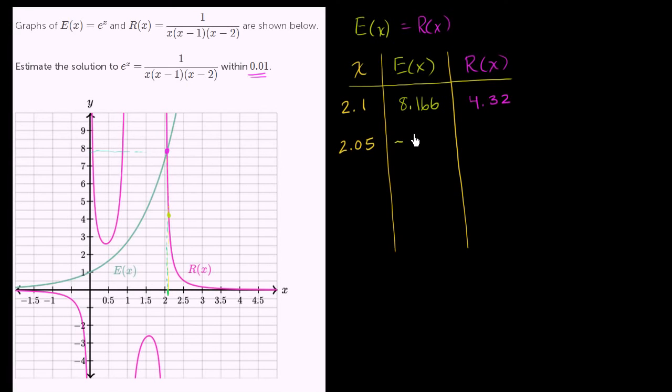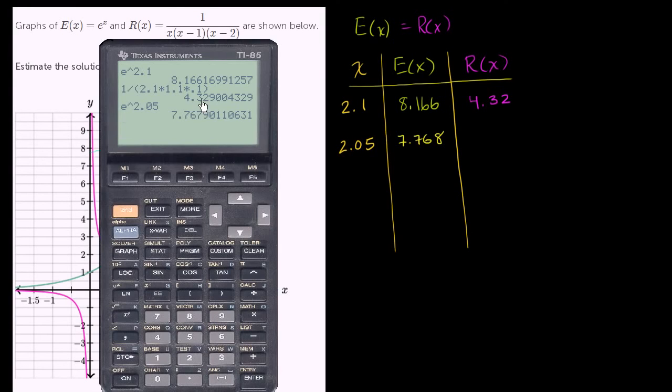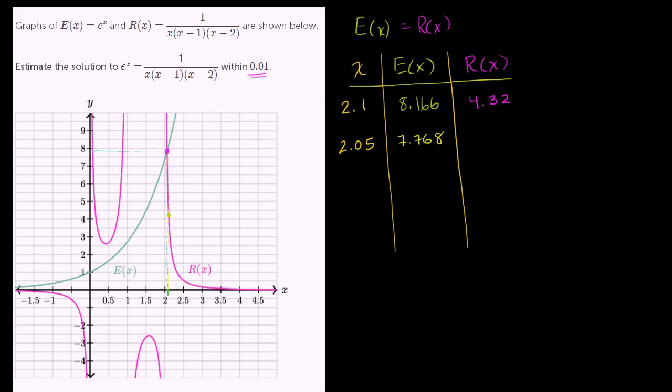Actually all of these are approximate, so I'll just write 7.768. I'll just keep rounding to the thousandths. Here we didn't have to round too much, just because that was so far off. It was 4.329, so let me write it as 4.329 so that we evaluate the function to the thousandths.